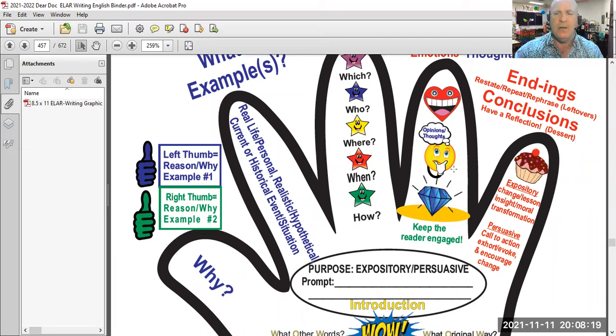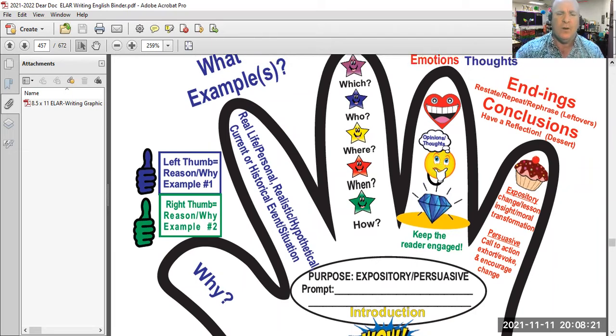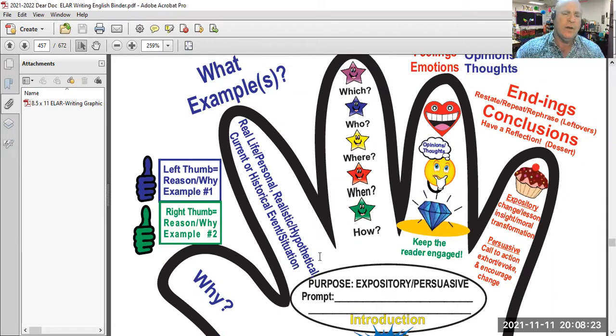So if we look at the next part, I said a 1-2 paper is, don't forget to organize correctly. What they're going to look for on expository is, are you giving reasons? This is the organizational part right here. And let me point to it here. In order to get to a 2, you want to give reasons why and examples.